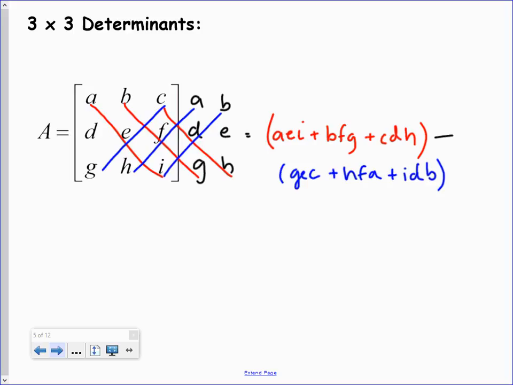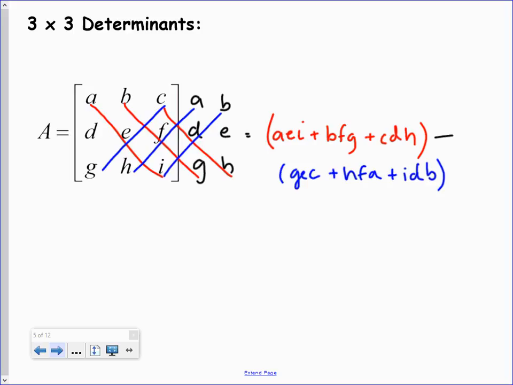So you're going to multiply the three numbers in the diagonal. You'll have three diagonals to add together, those products. And then you subtract. Always make sure you subtract. You put in front the ones going down. That should be your leading number. And then the diagonals going up should be what you subtract. Okay?